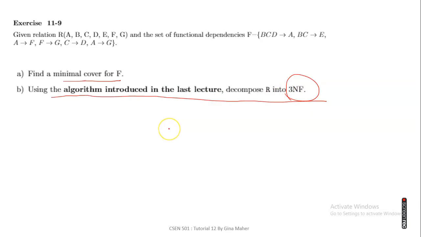Okay. What are the steps in order to get the minimal cover of a set?